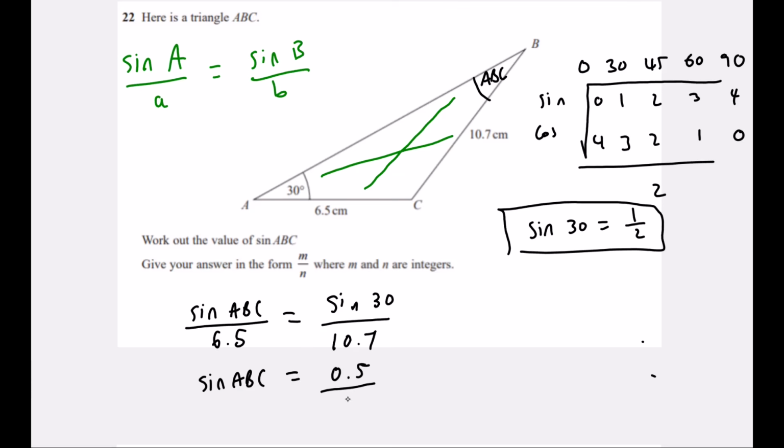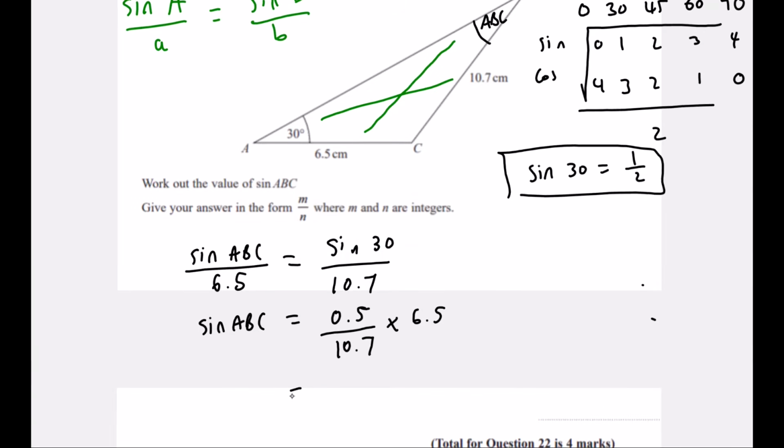I'll write 0.5 over 10.7 times by 6.5. And we have to give our answer in the form m over n, where m and n are integers. So how can I simplify this? Doesn't look too nice. So if I times top and bottom by 10, I get 5 over 107 times 6.5, and then double the top and bottom again.